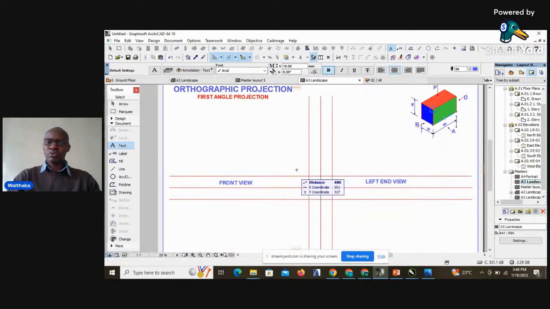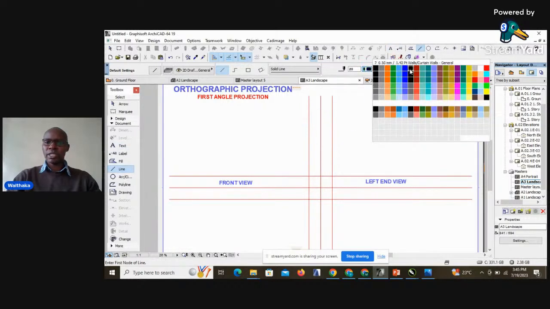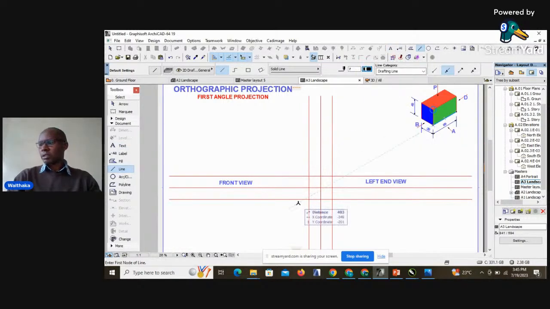So that is what we will project as our front view at this place under whatever we had labeled earlier as the front view. So I'll just use another type of line so that we are able to follow.